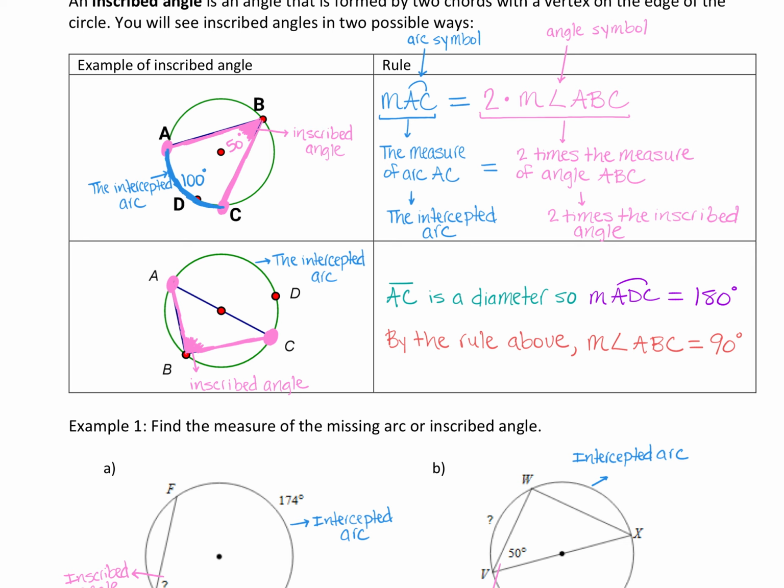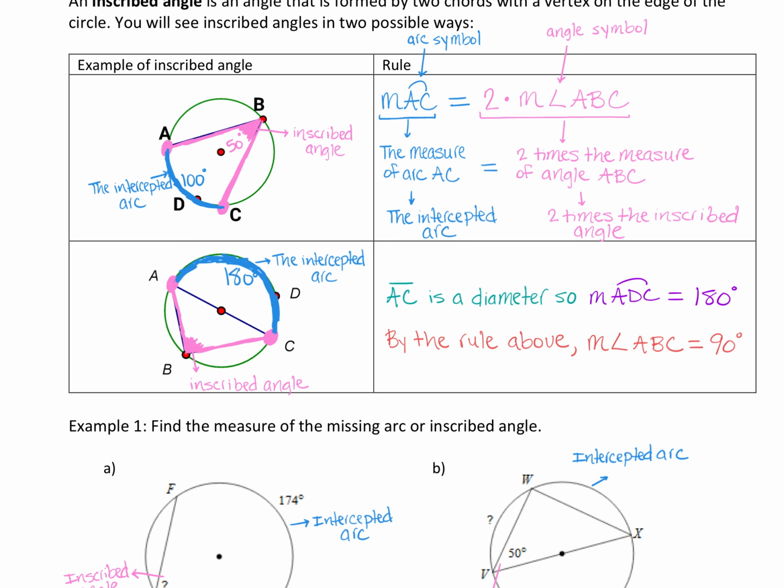And those two endpoints form the intercepted arc. And notice that the intercepted arc is halfway around the circle, which means that intercepted arc is 180 degrees.